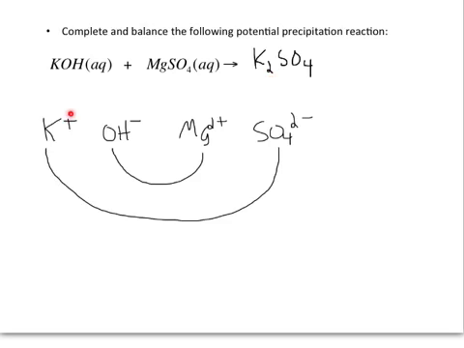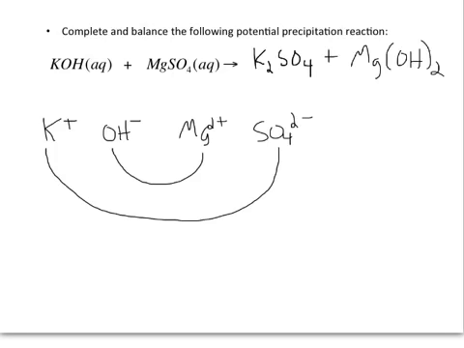I've got to use the charges to figure out what the formulas should be. I'll do the same thing for magnesium and hydroxide. Because magnesium is +2 and hydroxide is -1, my product needs to be Mg(OH)2.